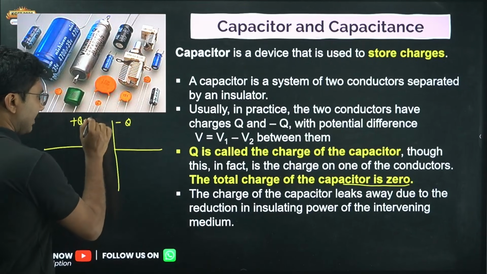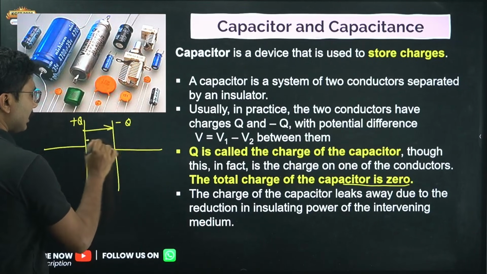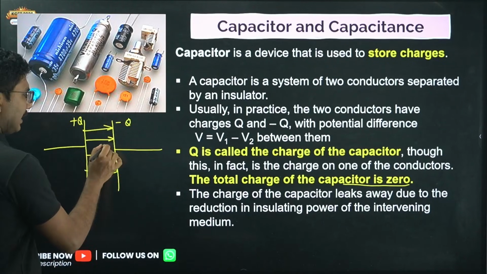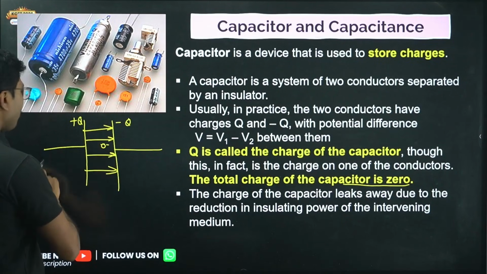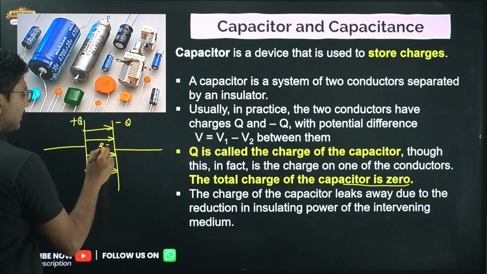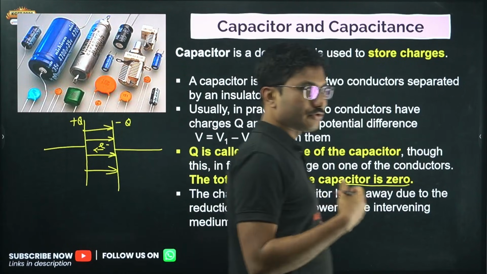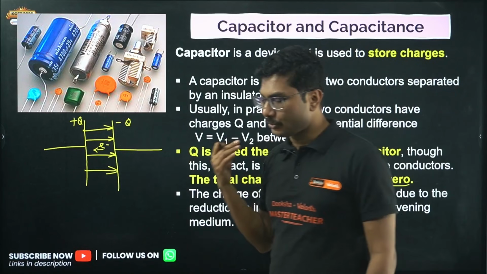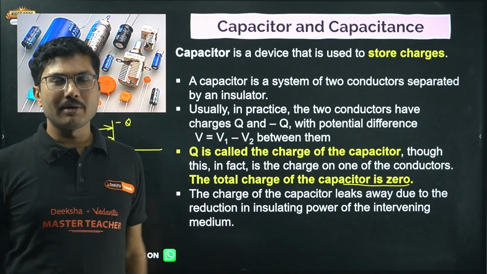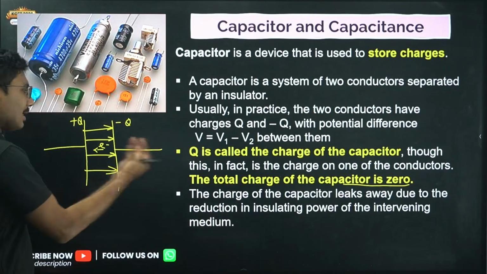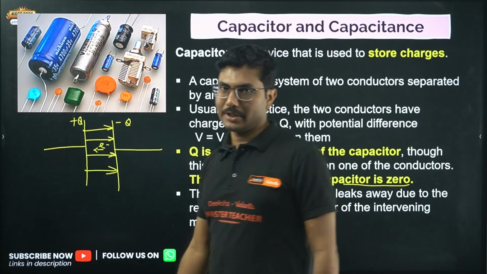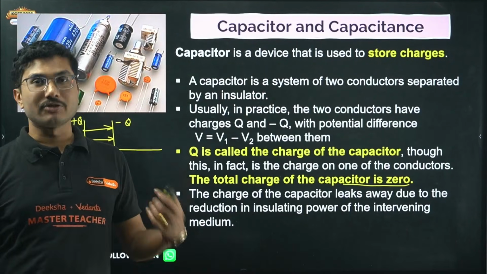Because of the medium present between the charges, there is an electric field from positive to negative, and electrons from the negative plate slowly start to come in this direction, and they try to destroy the charge stored in the capacitor. So if you store a charge in a capacitor for a long time, it will go away. Or if you try to store a very high amount of charge, because of the high electric field, suddenly all the electrons will come from negative to positive, and again the capacitor will discharge. And in some cases the capacitor may get destroyed as well.